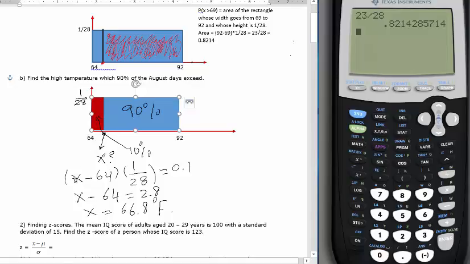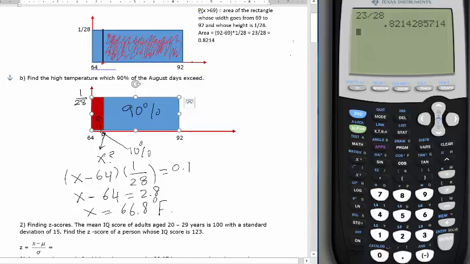That's what it's asking for. So I put x minus 64 times 1 over 28 equals 0.1. Multiply both sides by 28, guys, so you get x minus 64 equals 2.8. And then if you add 64 to both sides, you get x equals 66.8 degrees. So the number right here is 66.8 degrees.